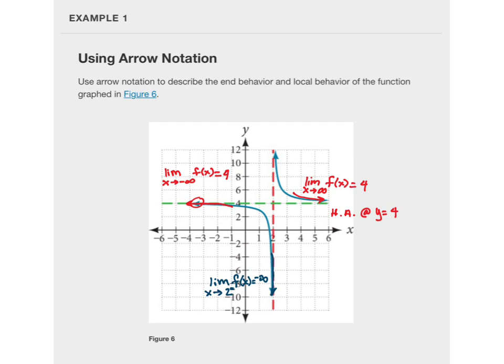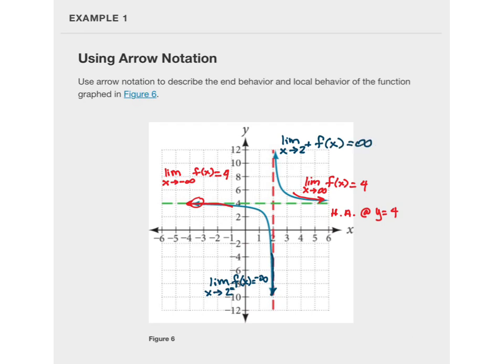Down. Okay, so the limit as x approaches 2 from the right of f of x is positive infinity.